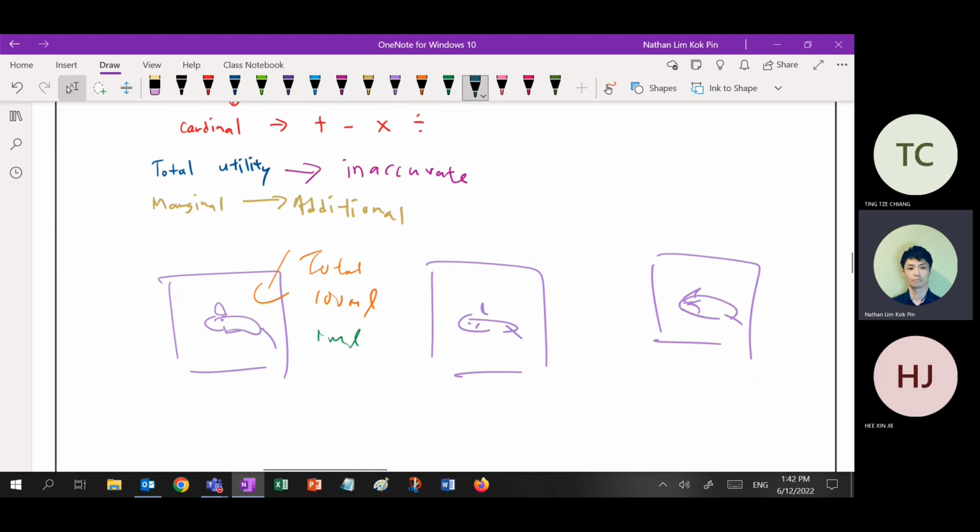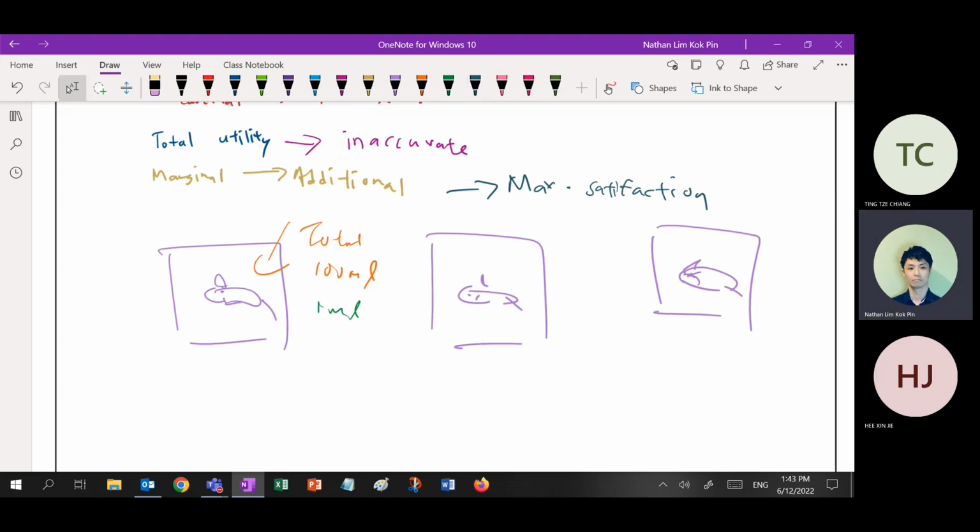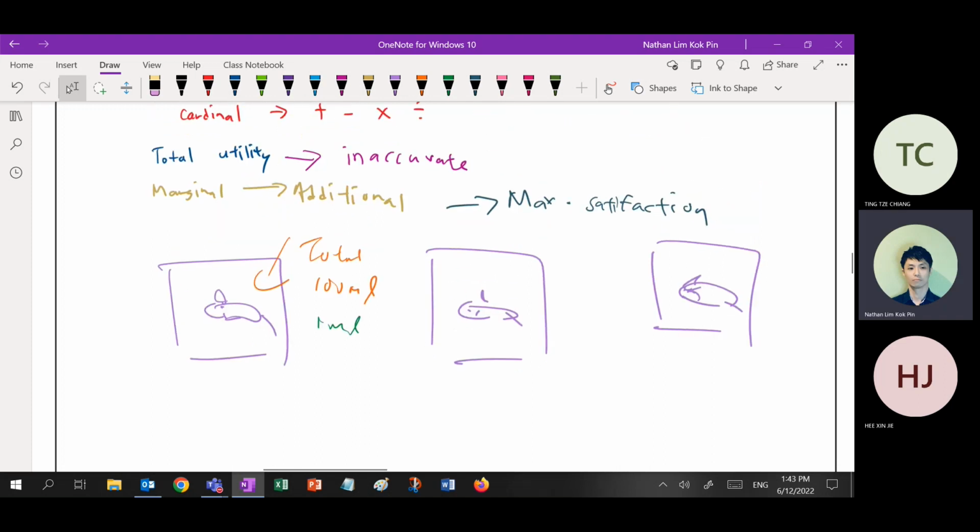What's the objective in here? Maximize the amount of utility that we can derive from consuming the product, right? Maximize satisfaction. So total is inaccurate because even if the cancer cell is already cured in the body, the rat may be dead already.